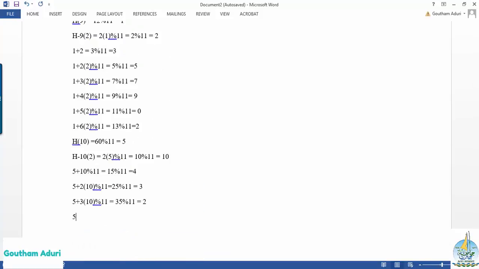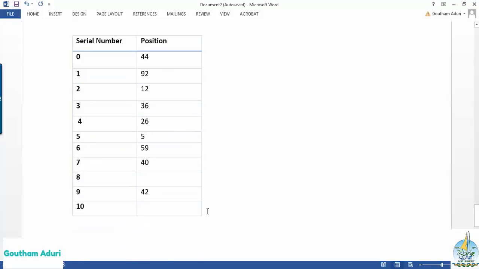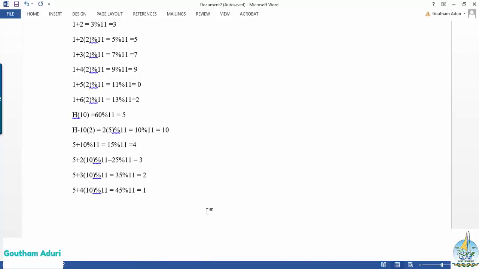Then 5 plus 4 into 10, h1 plus 4 h2 mod 11, it's 45 mod 11, so 11 4s are 44, it's going to be 1, also getting collision. So 5 plus 5 into 10 mod 11, it's going to be 55 mod 11, and then it's going to be 0, also getting collision.